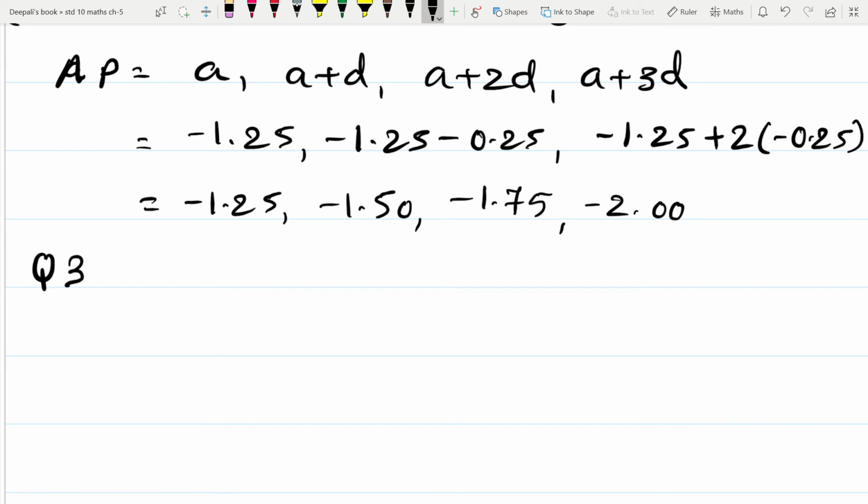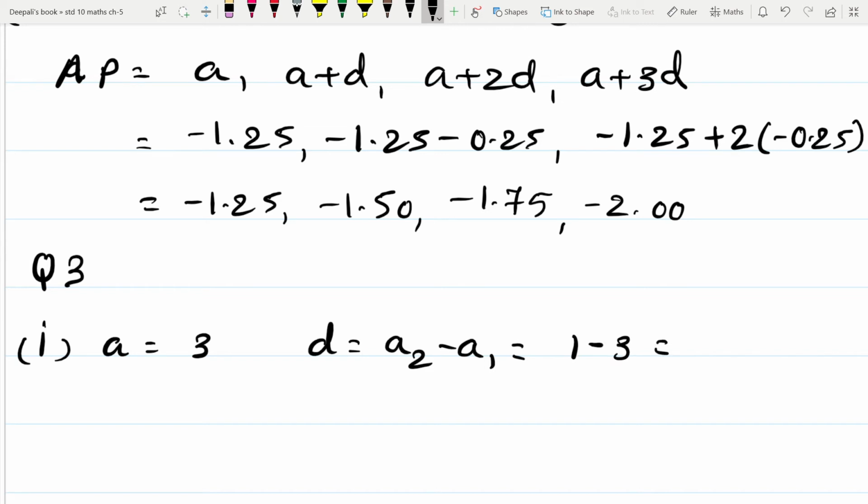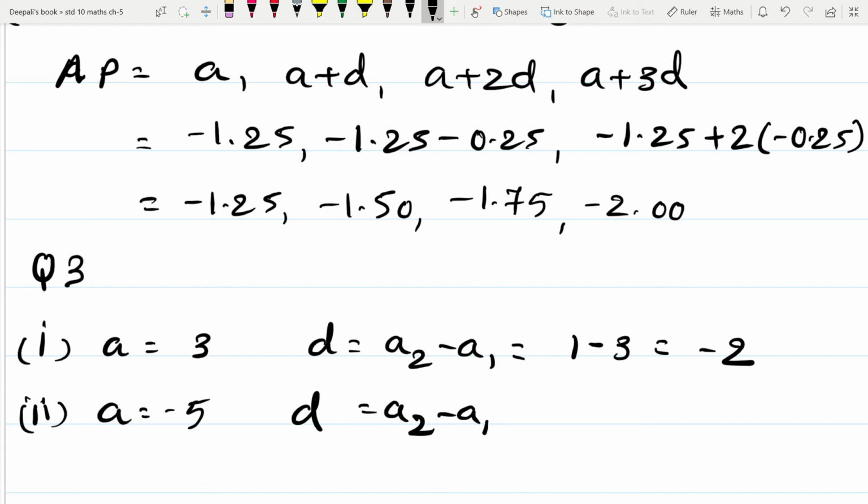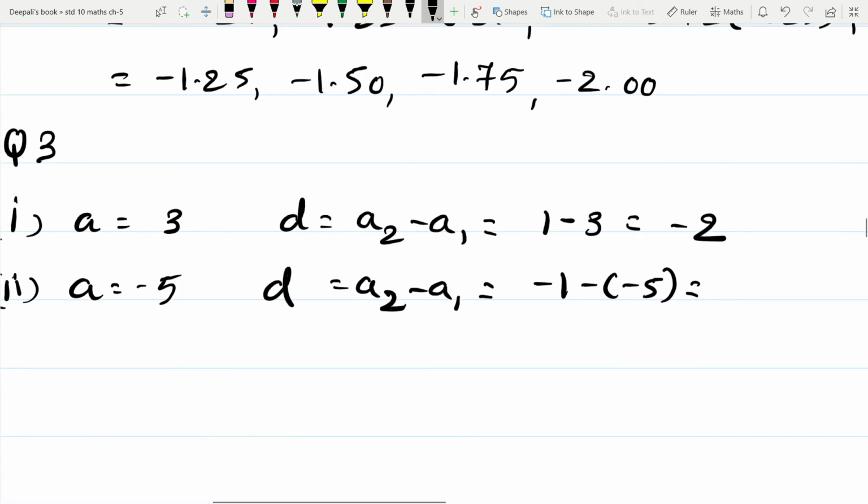Now let us see question 3. For the following AP, write the first term and the common difference. Very simple. I know that for first one, my A is equal to 3 and my D is equal to A2 minus A1, that is 1 minus 3 is equal to minus 2. For second one, my A is equal to minus 5 and D is equal to A2 minus A1 is equal to minus 1 minus minus 5, that is equal to 4.